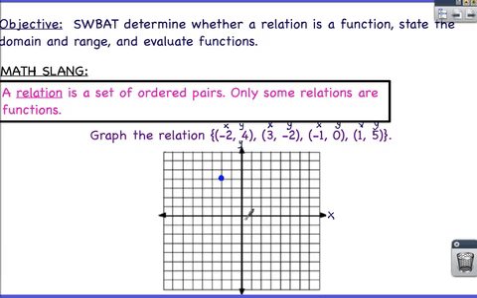Then we have 3, -2, so we move 3 on the x-axis and -2 on the y-axis. Next we have -1, 0, so we move -1 on the x-axis and 0 on the y-axis. And finally 1, 5, so we move +1 on the x-axis and +5 on the y. So this is a relation, a set of ordered pairs.